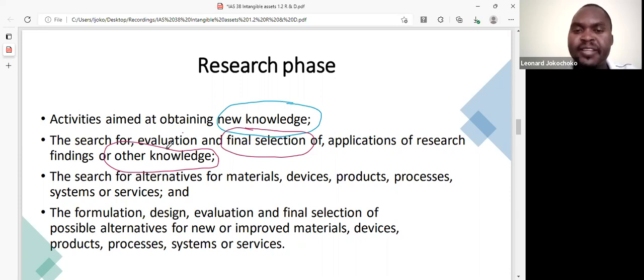If I am researching artificial intelligence today, and I don't have an obvious use for it, I'm just doing this so that I understand how we can make use of artificial intelligence. This is simply research.